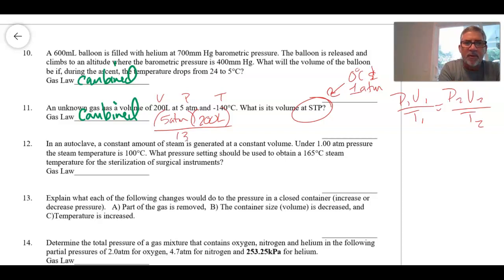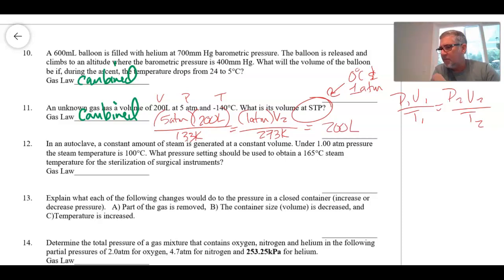I get 133 Kelvin is equal to 1 ATM V2. When I get this, since I only have 1 significant digit with the 200 and the 5, I will round that to 200 liters. It really comes out to 205, but I have to round it to 1, so it's 200.